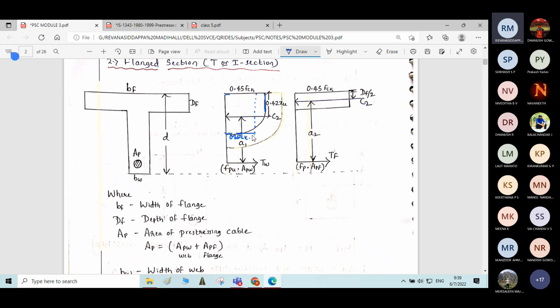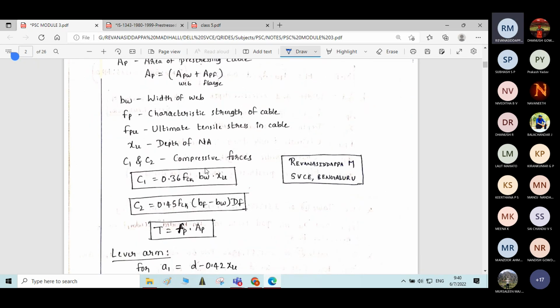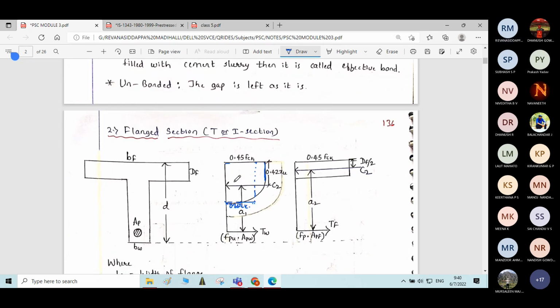So 0.36 fck means area of this rectangle is equal to area of this rectangle plus parabola, means we will find an equivalent width of stress block giving the same area. So equivalent width will be 0.36 fck. 0.36 fck into BW, width of the web, into XU will give compressive force in the section.